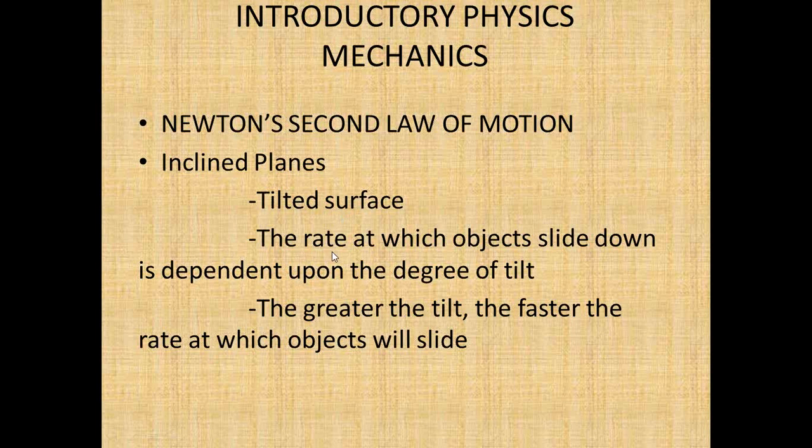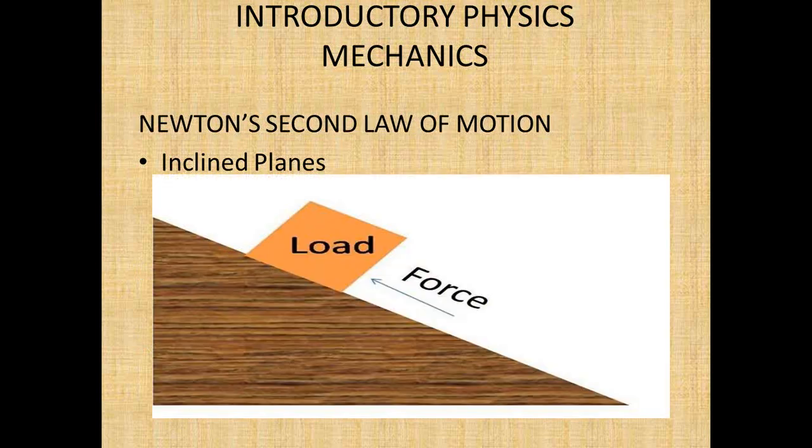The rate at which an object slides down an inclined plane is dependent upon the degree of tilt. So what we are saying is, the greater the tilt, the greater the rate at which an object is going to slide down that inclined plane. You put a load on an incline which has a certain angle with the horizontal, it's going to slide down.